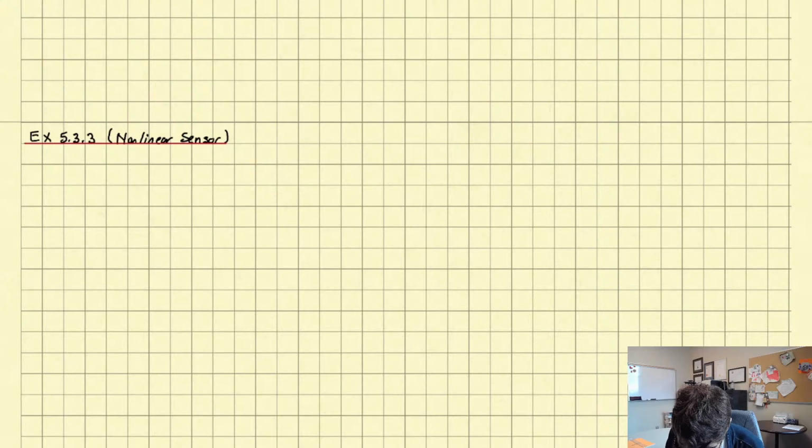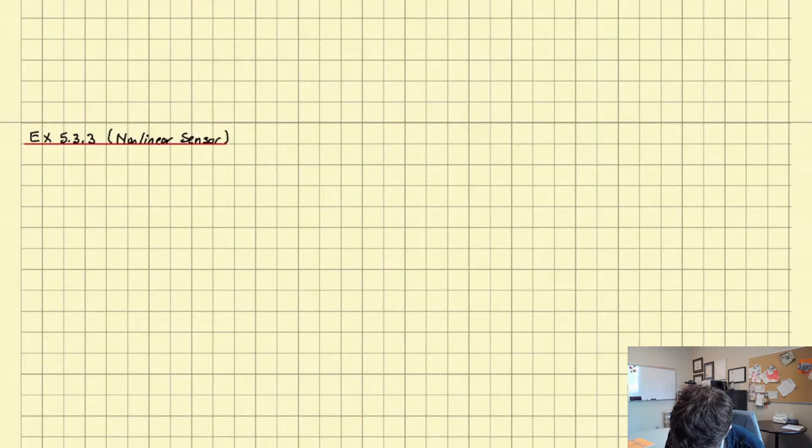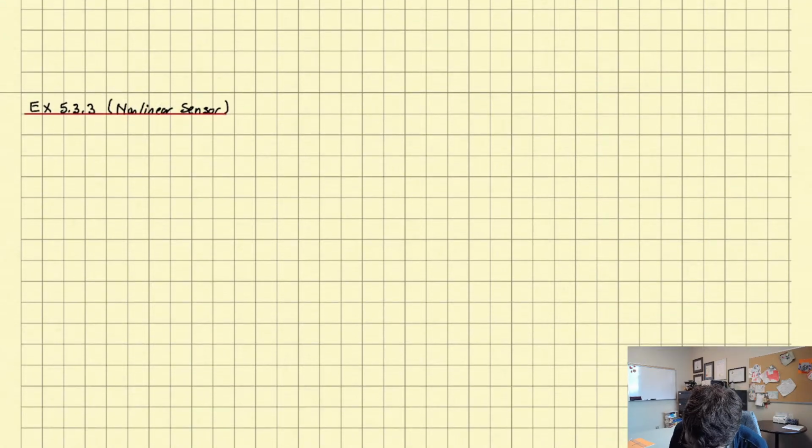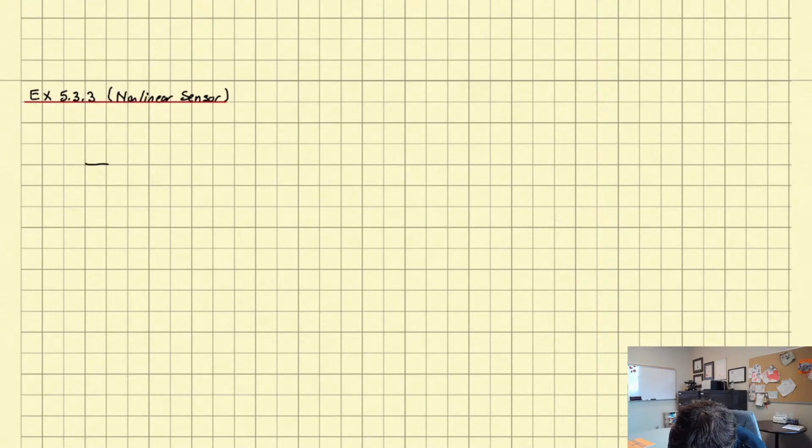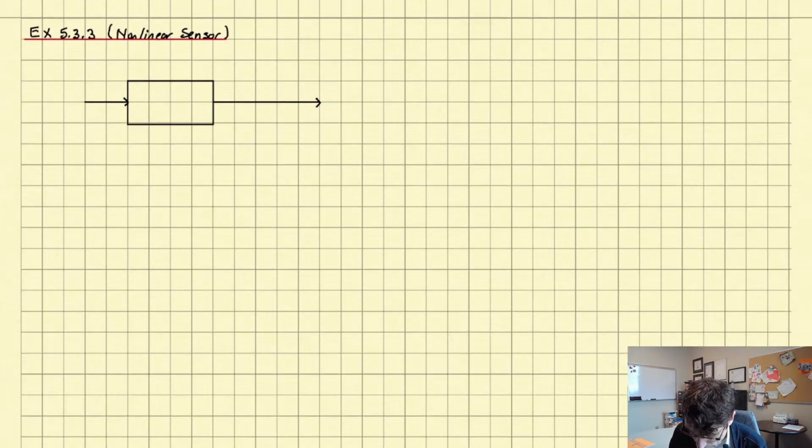Suppose that we have our standard DC motor, and to measure the position, we have an encoder measuring the position of the shaft. That encoder is turning the angle into a voltage, and let's say that that conversion ends up being nonlinear. So I'm going to draw it this way.